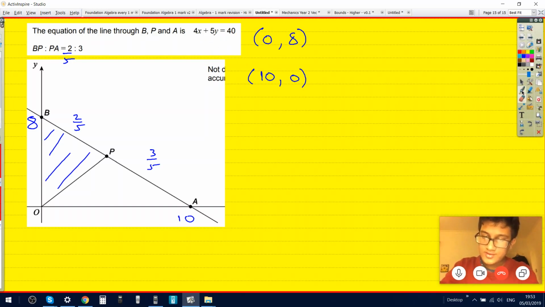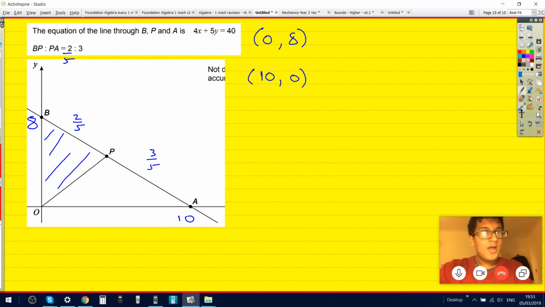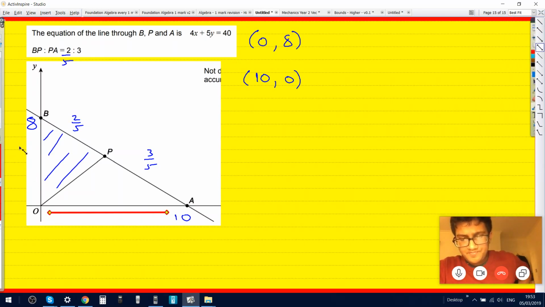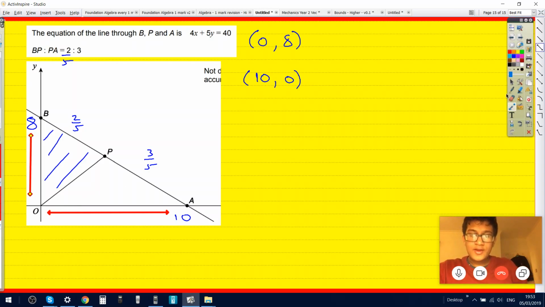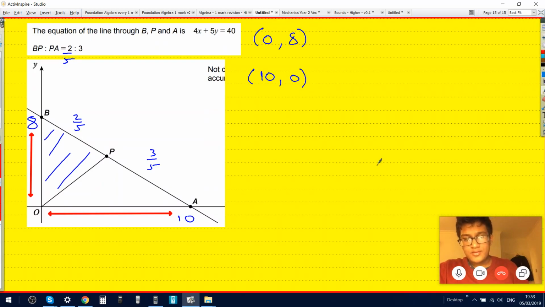So you've got 10, 0 here. And you've got those two coordinates. And you know that you can find P now, because the line BP is BA. You can get the length, the gradient.